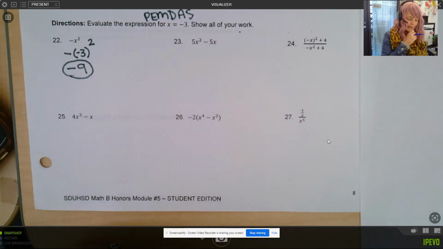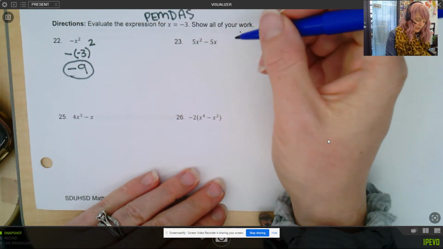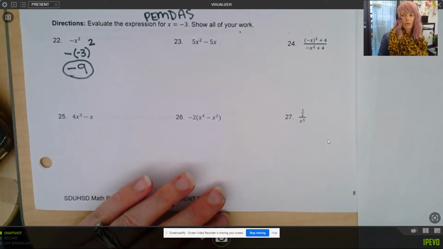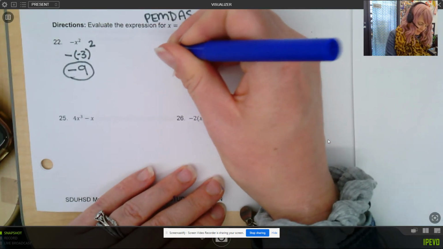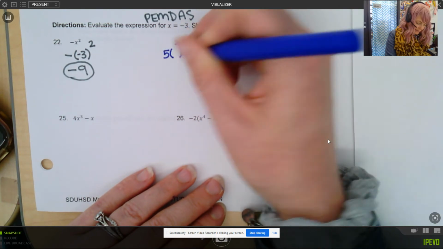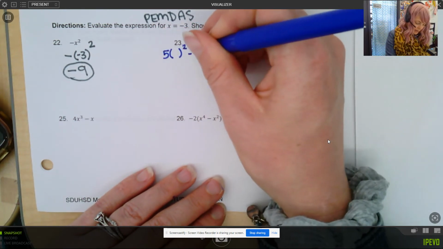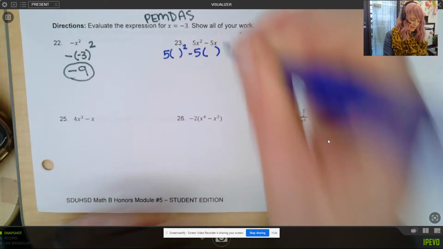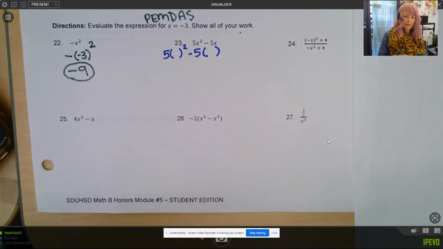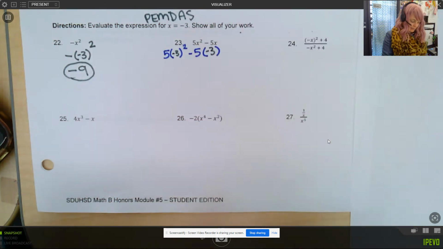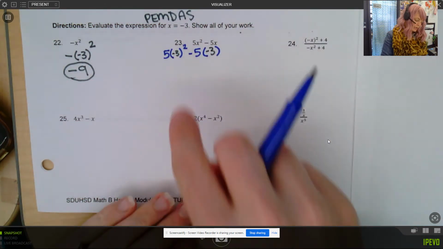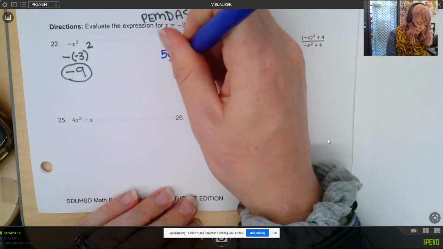Perfect. Taking a look at the next one, and you do have to show your work on these. We have 5, whatever x is, leave your empty parentheses, squared, minus 5, and then whatever your x is. It's really nice to put those empty parentheses and then put in what your x value is. Following order of operations, we do our exponent first.